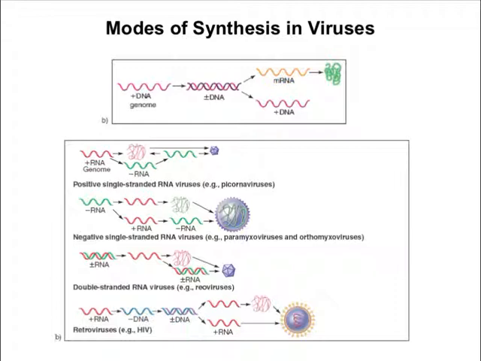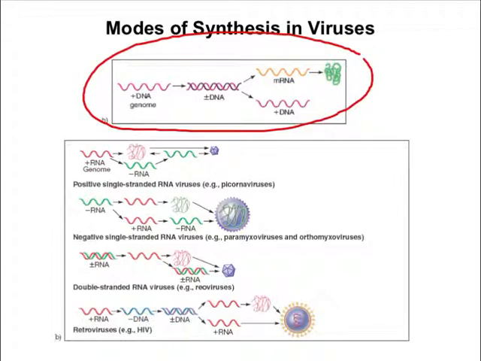In this slide, we can see a variety of modes of synthesis in viruses. The top one exhibits the common DNA genome. If we have a DNA strand, then that DNA can be replicated and we can make RNA from the DNA and then eventually end up with a protein.